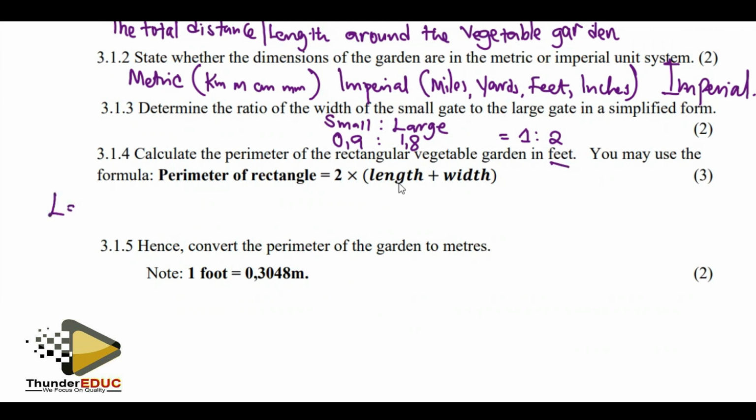Remember, length is 35 feet and the width is 17 feet.